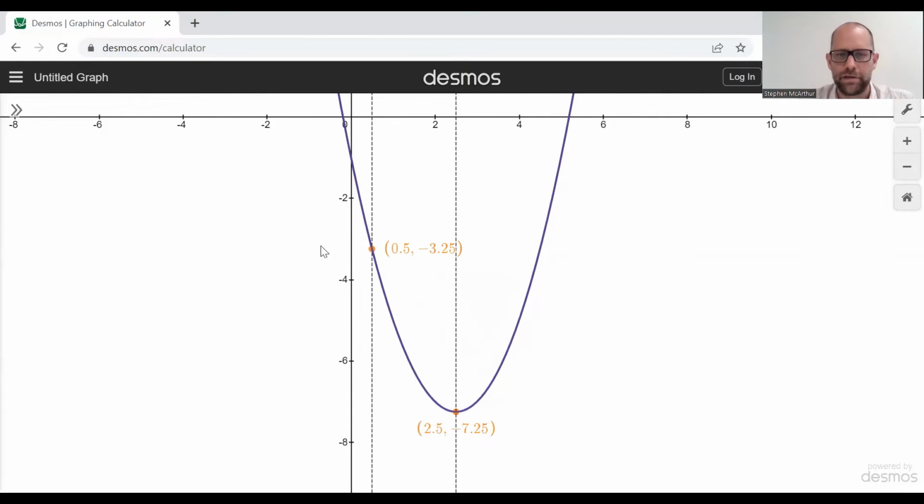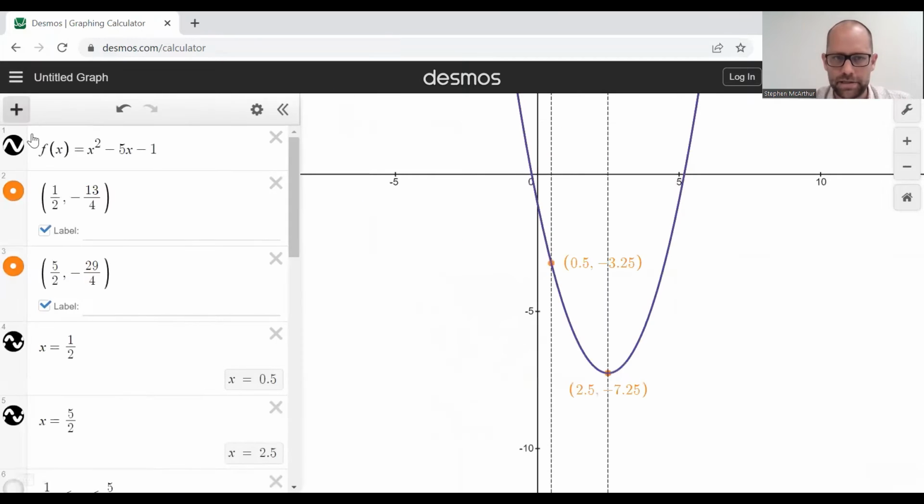Imagine if I was dealing with the y part, there'd be a line going horizontally, lefty righty, but I don't want to do that right now. I just want to think about the x part of the coordinates. I've put in x equals 1/2 and it gave me a line just there. And I wanted x equals 2.5 and it gave me a line just there. So I just want this section in between here.